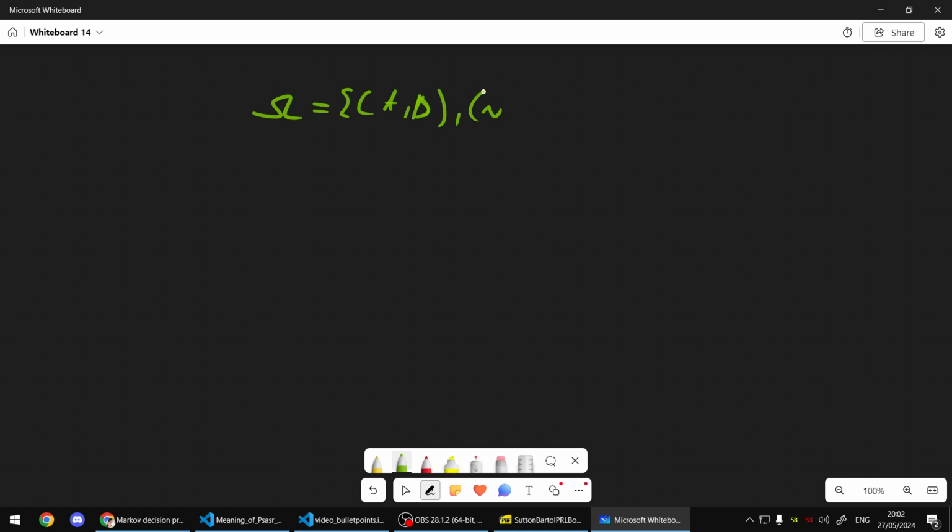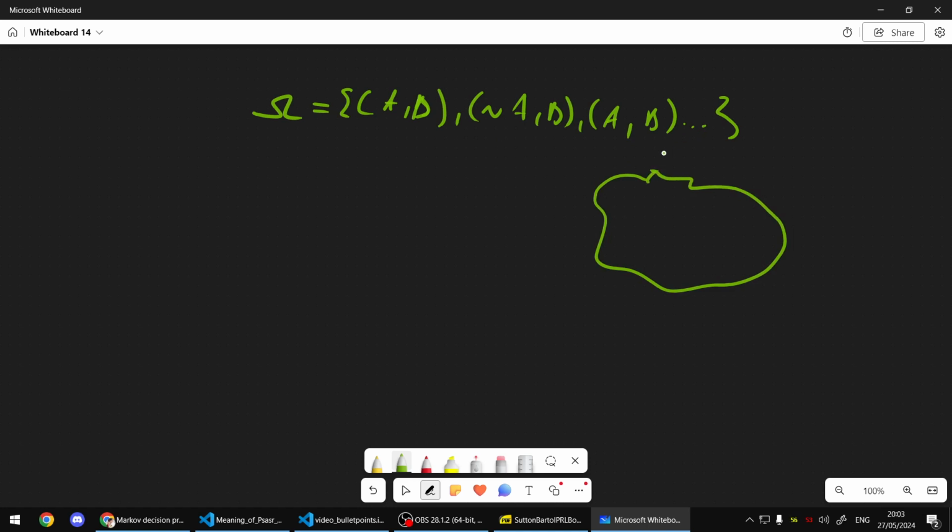Let's consider that's a binary case, not A, B. We can have repeats, of course, and so on, right? And then we can draw some kind of space, and we will say that each event lives in this space somewhere, and all these events live in this omega.